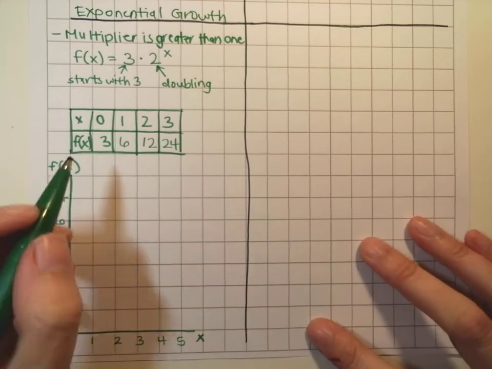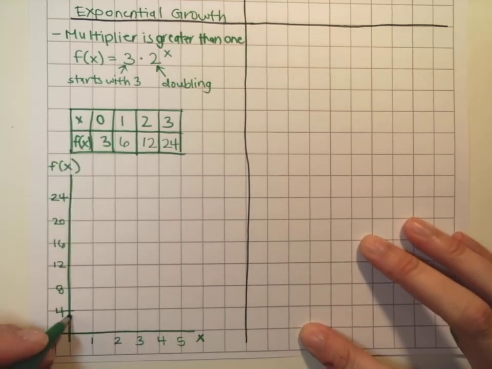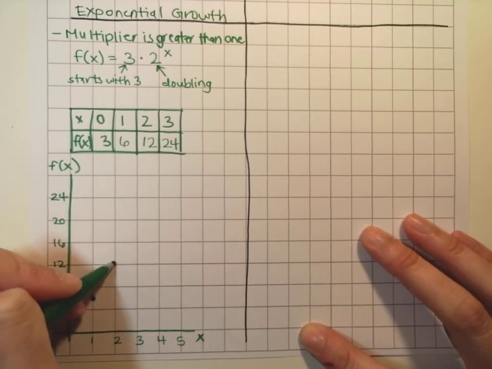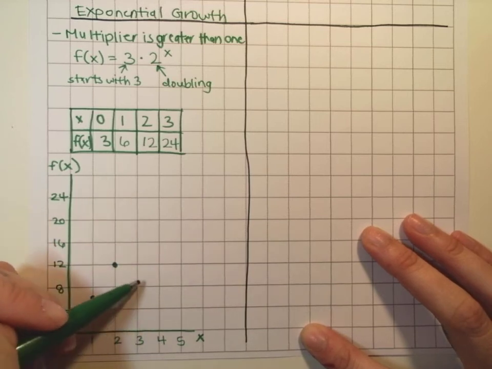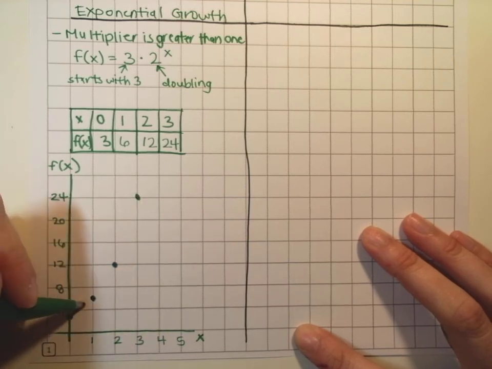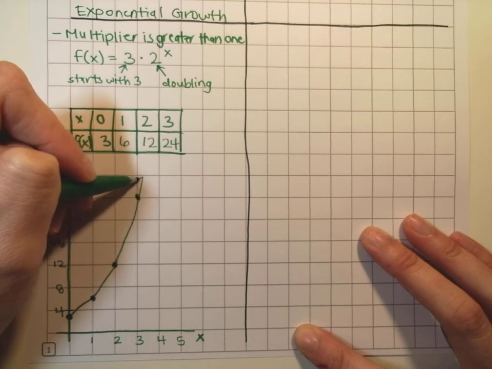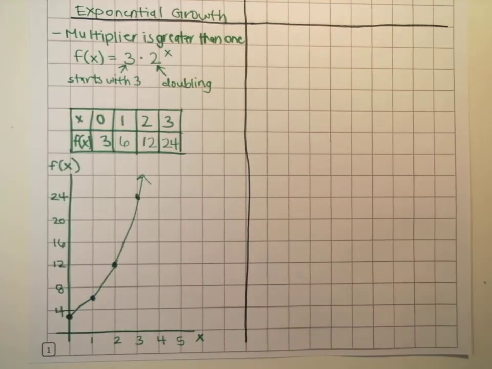And then we're just going to plot the points. So we have 0, 3. We have 1, 6. We have 2, 12. We have 3, 24. And so that's what our graph would look like.